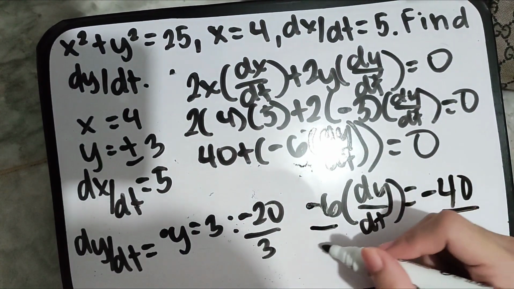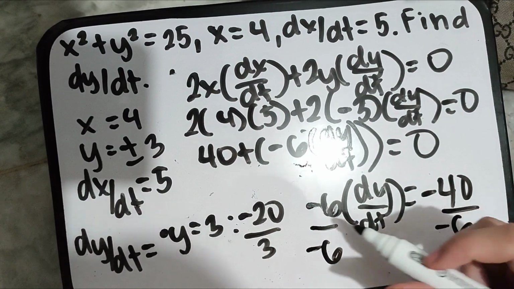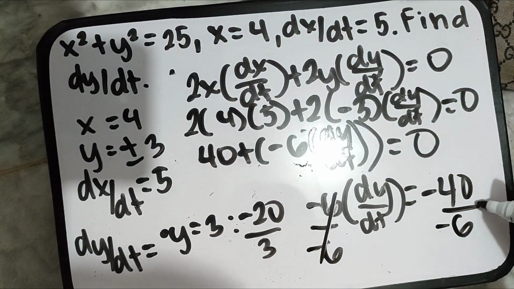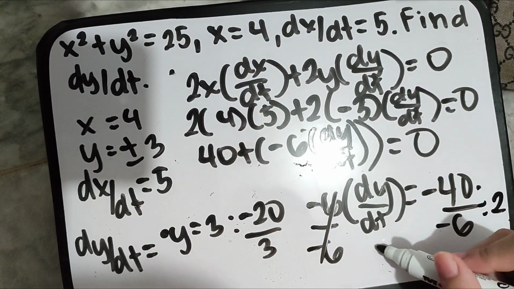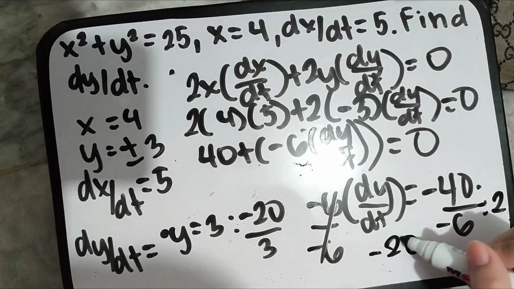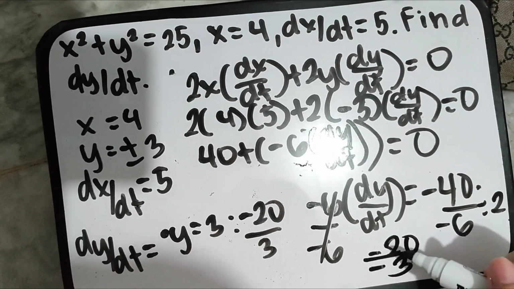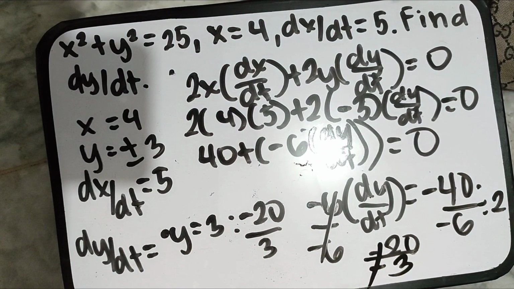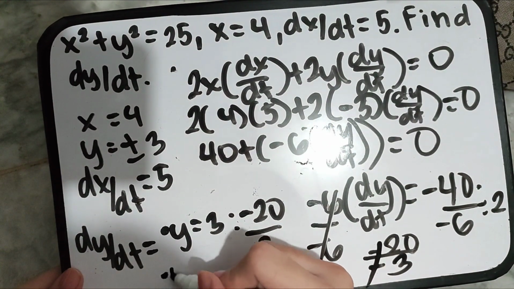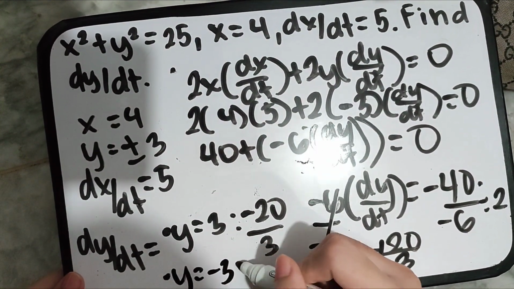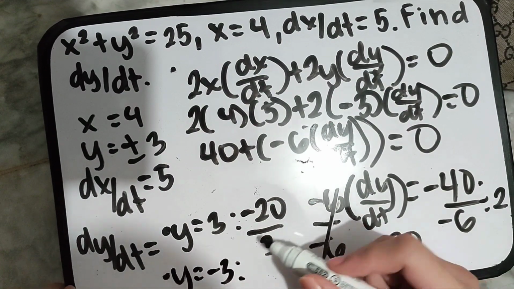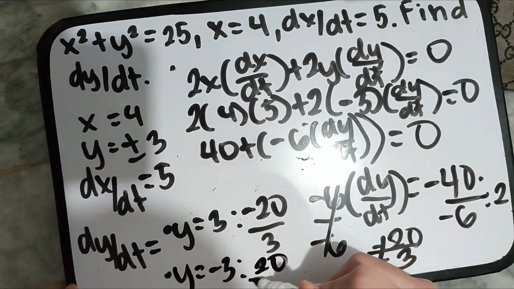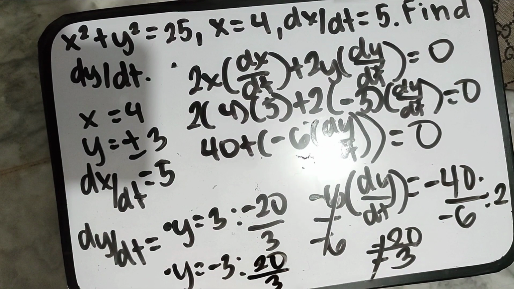Divide both sides by negative 6. Then cancel, divide by 2. It will be negative 20 over negative 3, then it will be positive 20 over 3. So if y is equal to negative 3, then the dy over dt is positive 20 over 3. So they're just the same, but the signs are different.